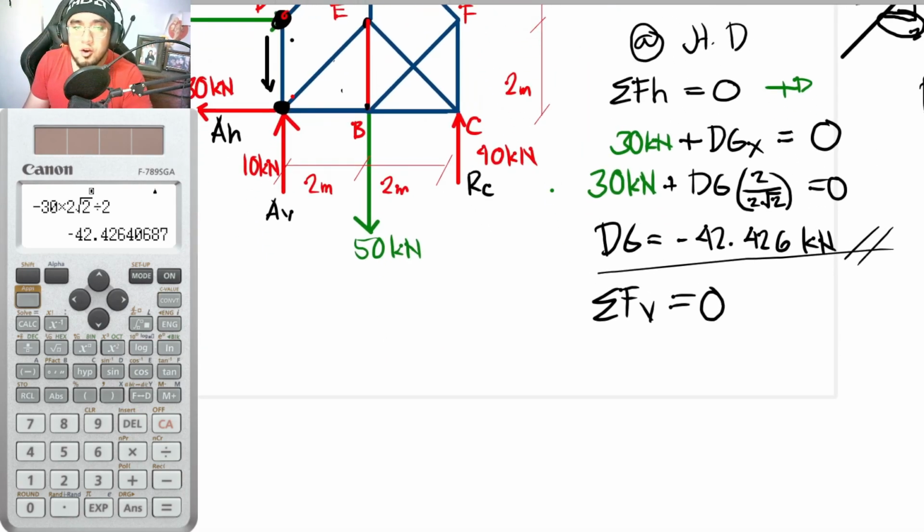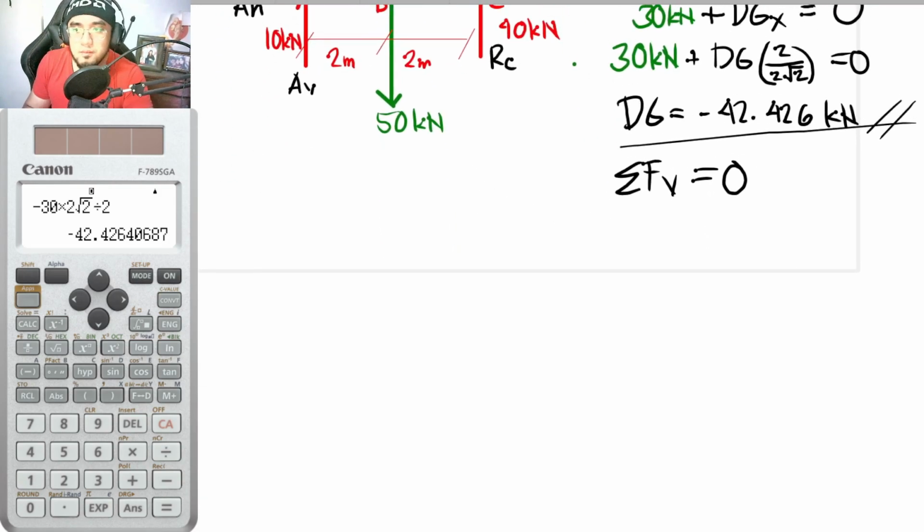So it will now be equal to negative. Let me just draw if you are getting confused at this particular figure. Again, we have a 30 kilonewton load here. Then we also have DG. So this is DG, and this is AD.